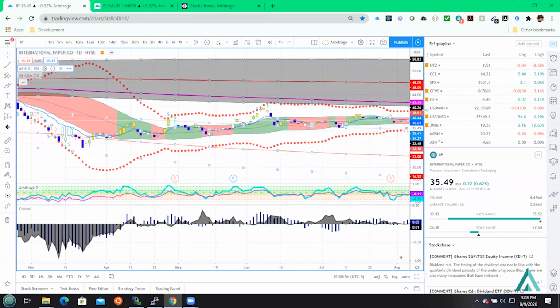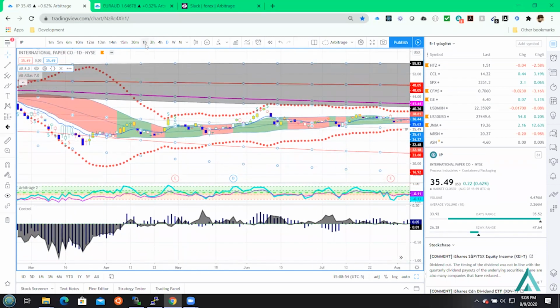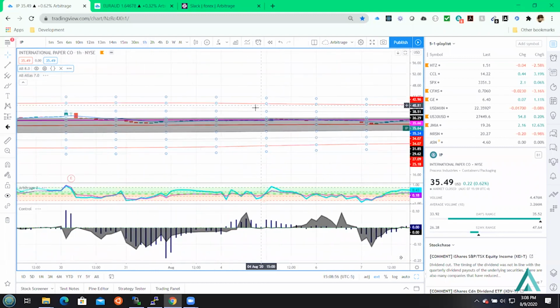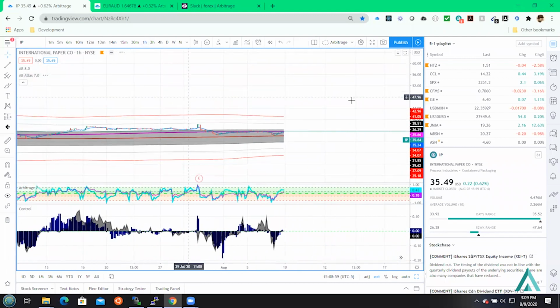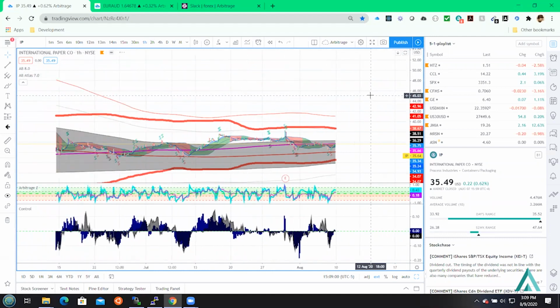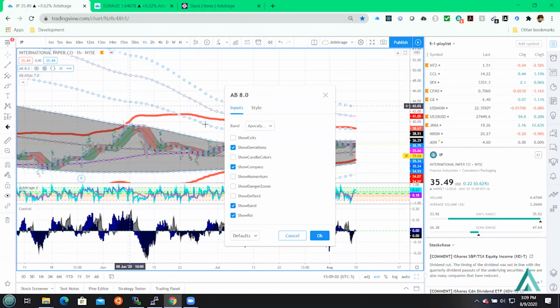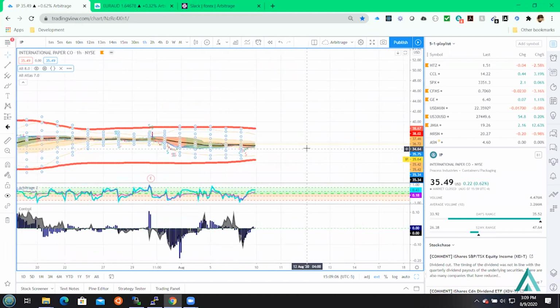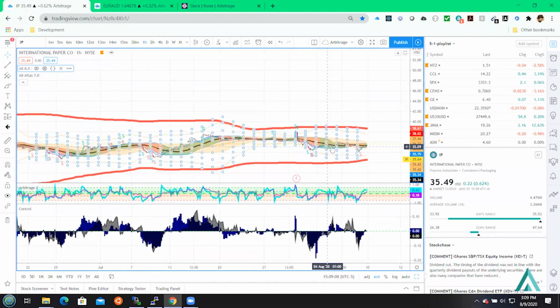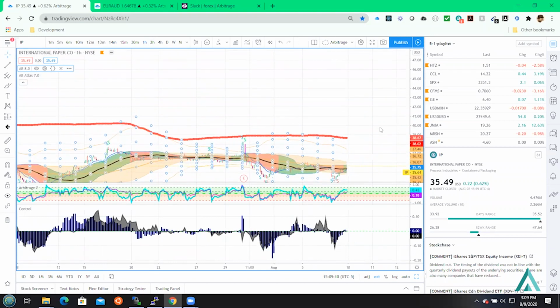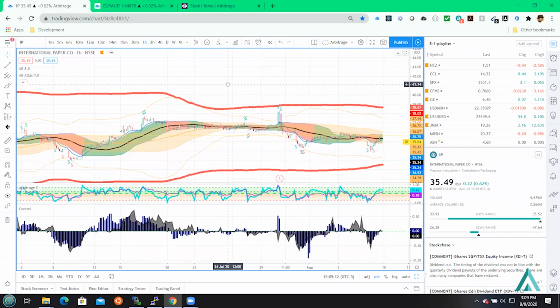I know a lot of you guys play on the hourly chart, and some of you like to play with the arbitrage band on the hourly chart, that's great. Say you're playing with this and you want to know what the arbitrage band on the 15-minute chart is doing.